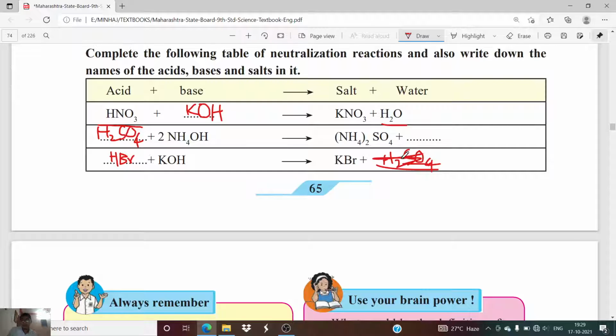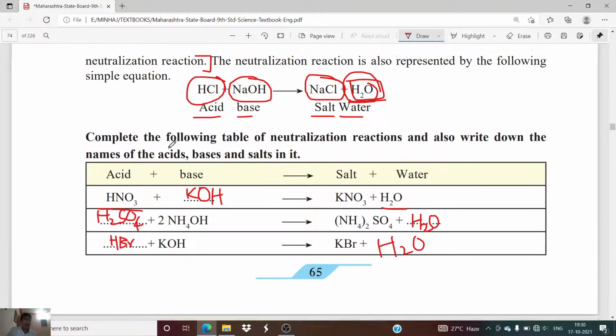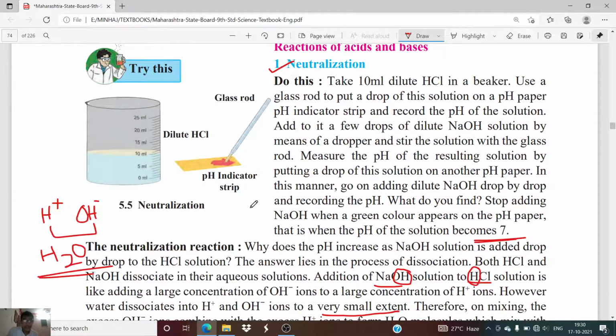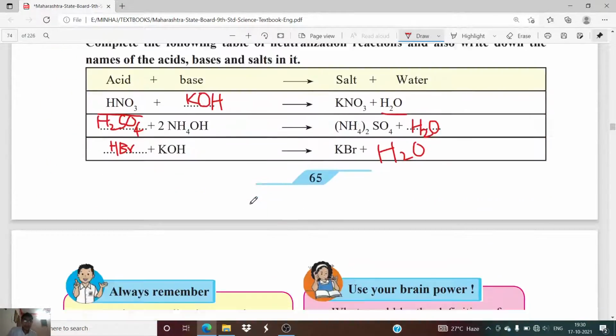Here we will have water, H2O, KBr plus H2O. Here also we will have H2O. So this is the concept of neutralization reaction which we have studied today.